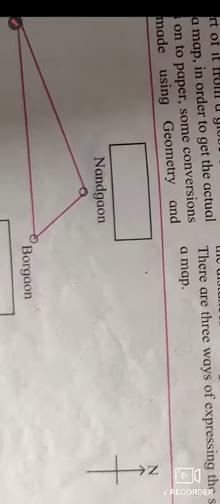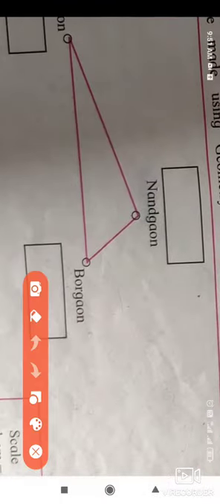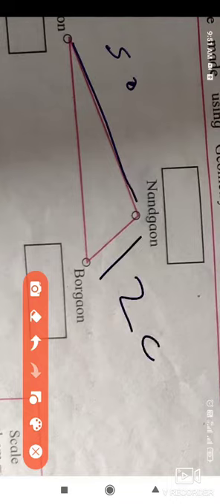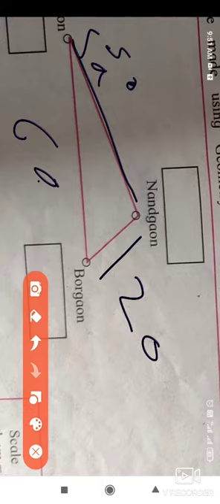Look at this map. This is 50 kilometers, and this is 20 kilometers, this is 60 kilometers. So here we can say Sahil, Meenal and Pradnya.